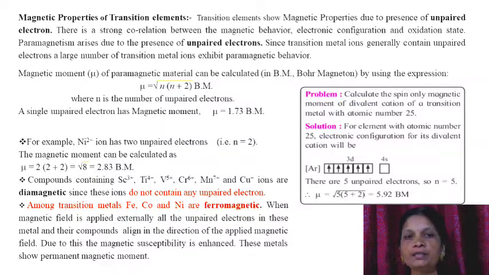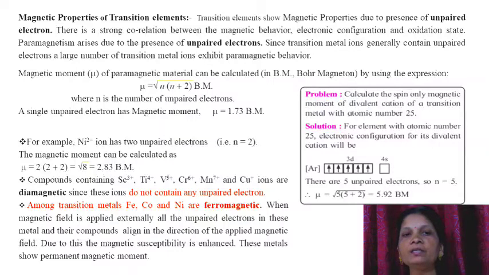Compounds containing Sc+3, Ti+4, V+5, Cr+6, Mn+7 and Cu+ ions are diamagnetic. Since these ions do not contain any unpaired electrons, all electrons are paired, so these are diamagnetic in nature. Among transition metals, Fe, Co, Ni are ferromagnetic.